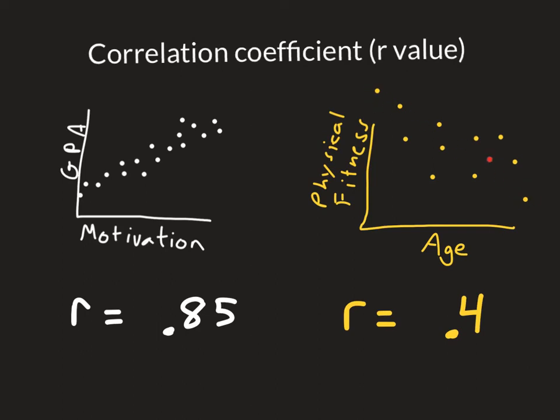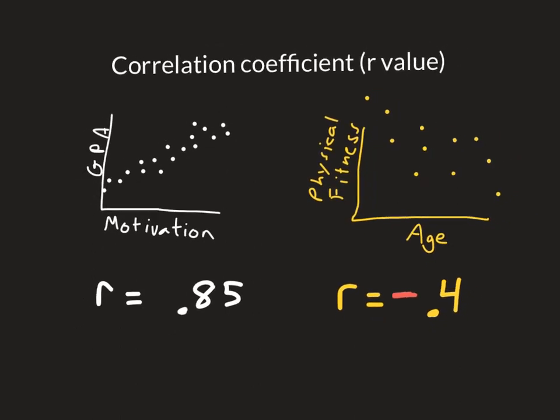So if it's ever a negative correlation, then that's going to be a negative R value. So the R value will always be between -1 and +1. And if the R value is very close to -1 or very close to +1, then that represents a very good fit. However, if the R value is very close to 0, that represents a bad fit.